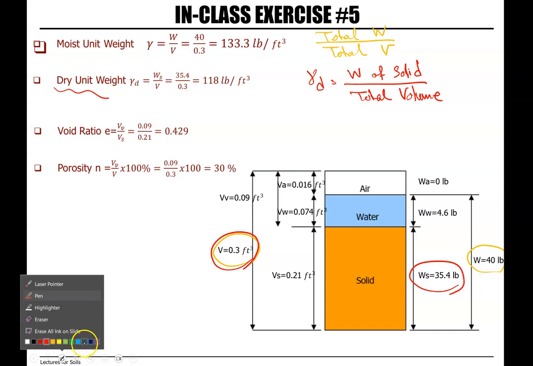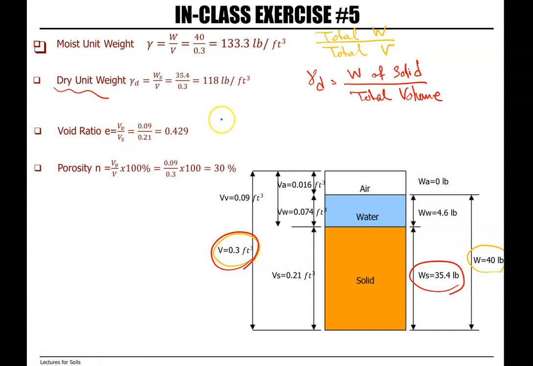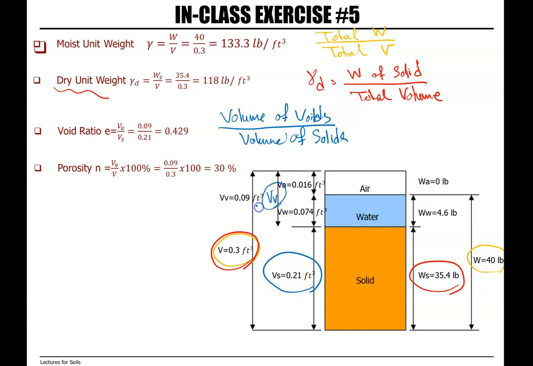Void ratio is volume of void divided by volume of solids. So it's volume of void here divided by volume of solids. Porosity is volume of void divided by total volume.